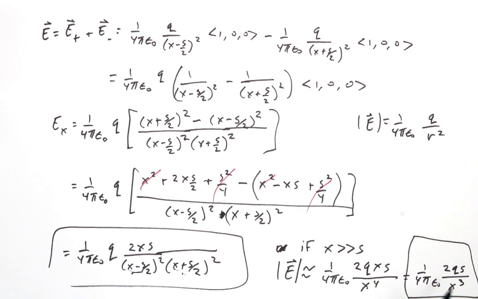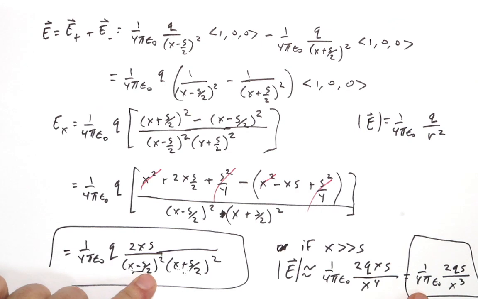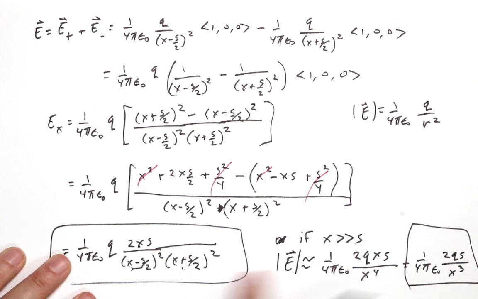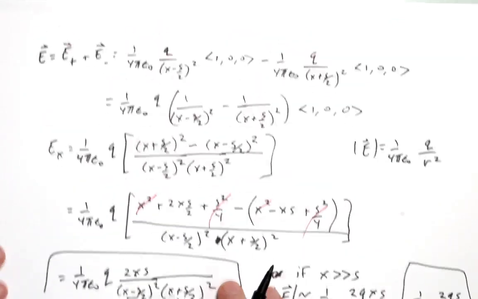Now you may think, wow, that was a lot, we're done now. No, we're not done, because I want to plot these two. There are no approximations in one, and there is an approximation in the other. So let's see how well these two agree with each other.